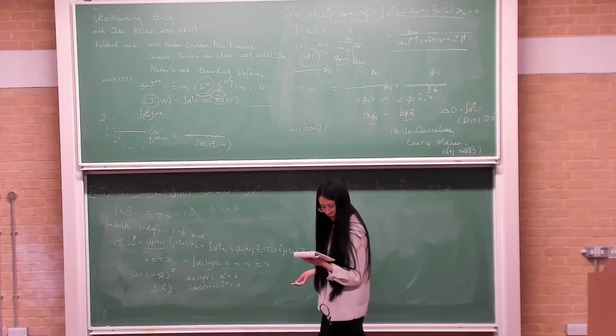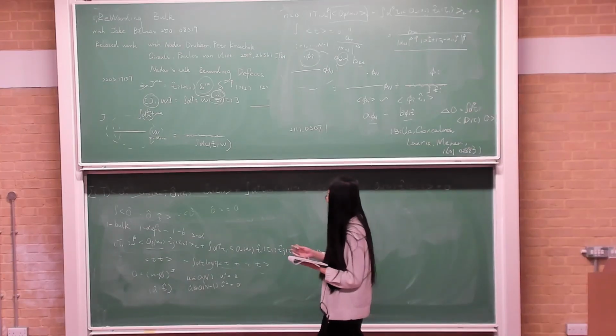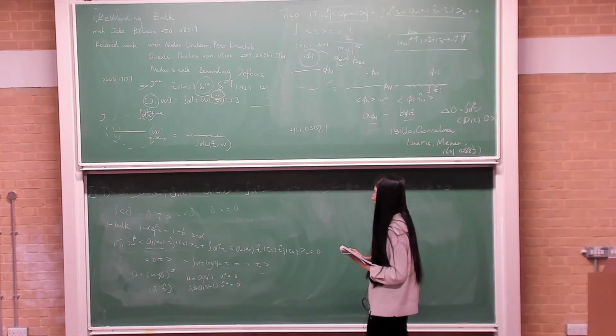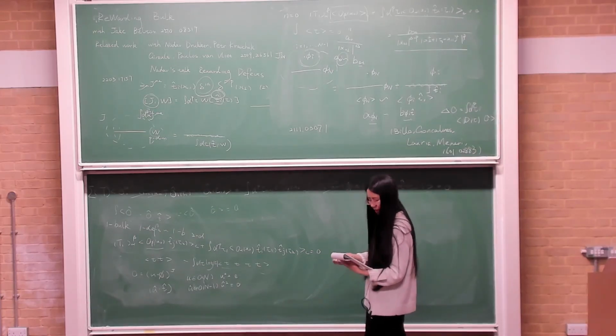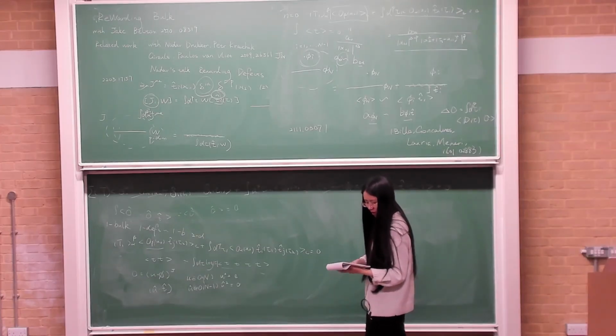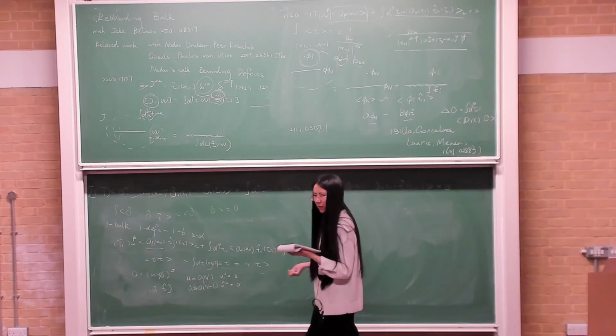And from now on, I want to focus on the line defect case because it's simpler. But in our paper, we also give the formula for an arbitrary p-dimensional defect.